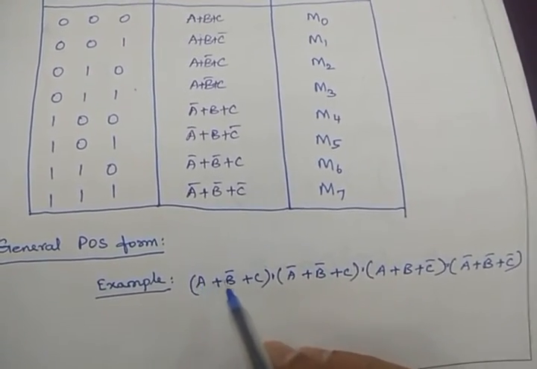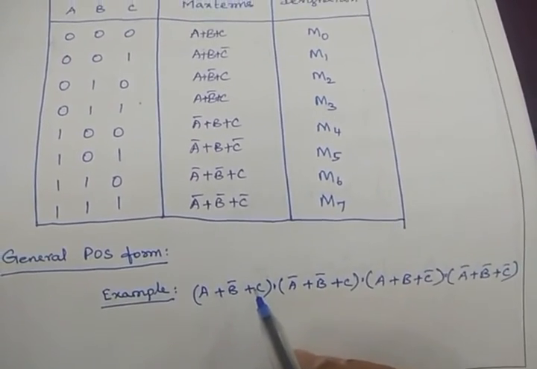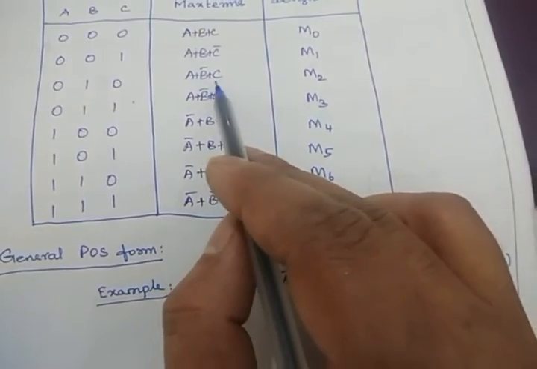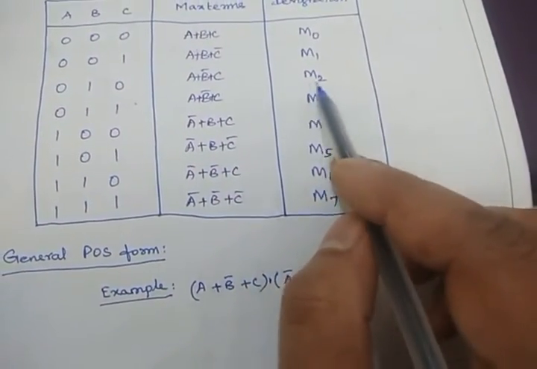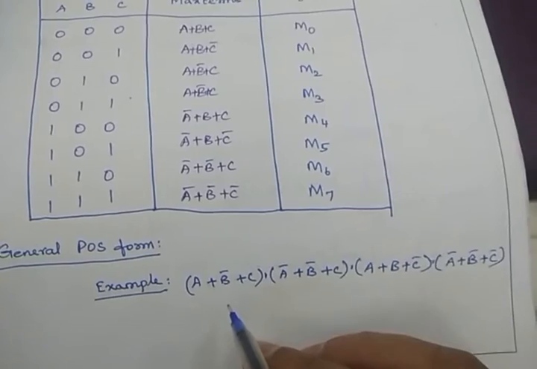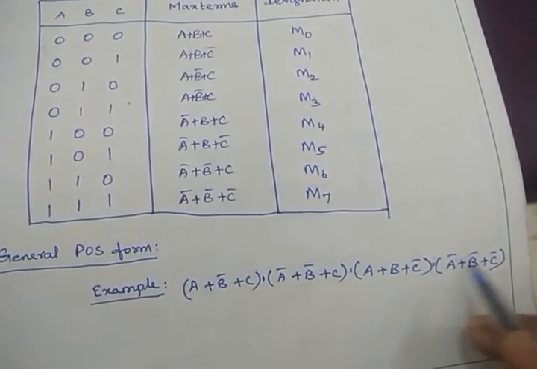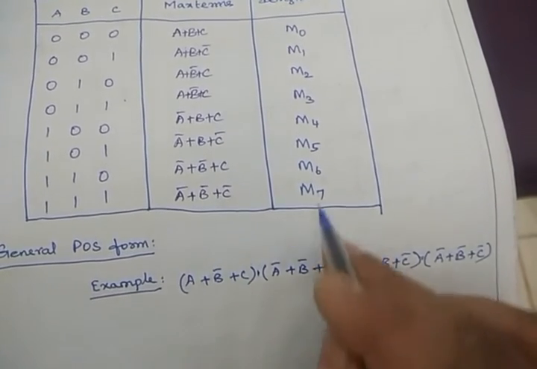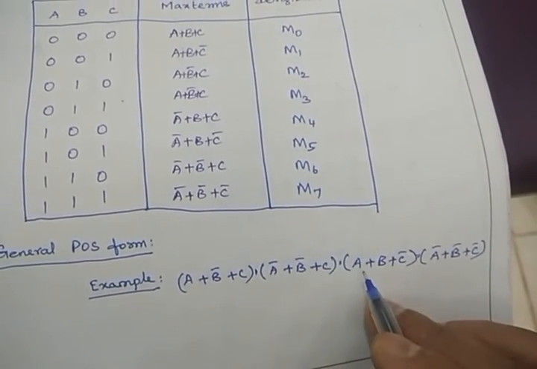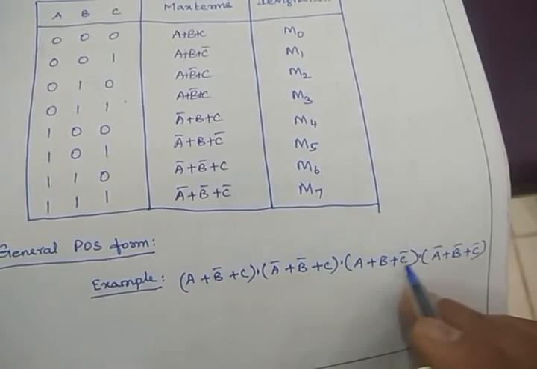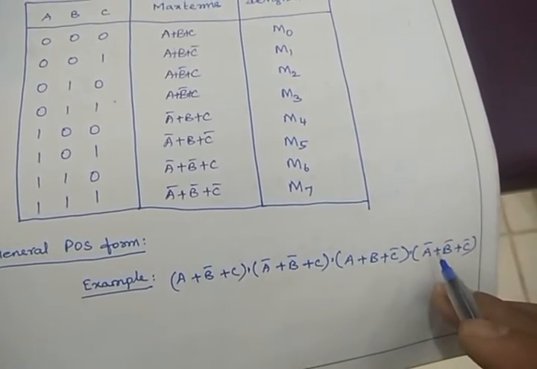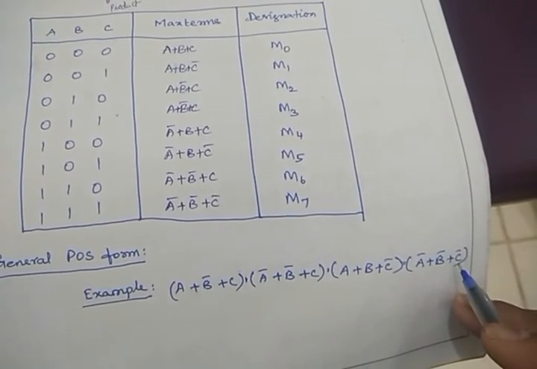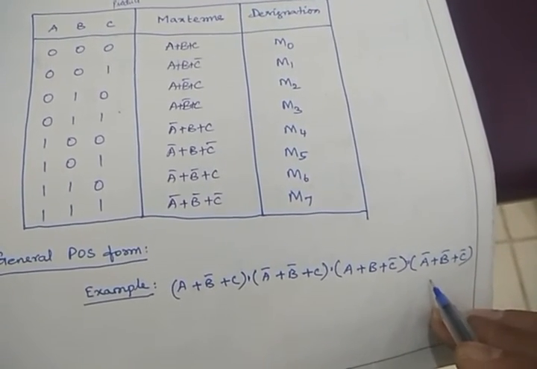So 0, 1, 0 means A plus B bar plus C. That is M2. Like that. This is 1, 1, 0, which means M6. And this is 0, 0, 1, which means M1. And this is 1, 1, 1, which means M7.